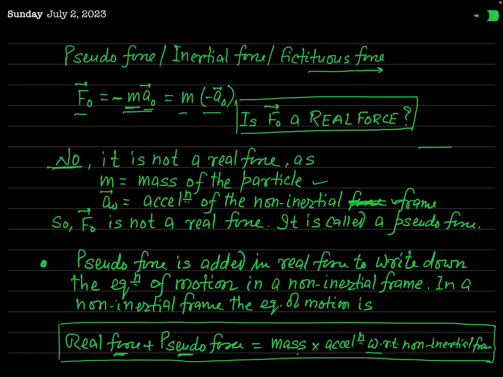If your frame is moving, let us say, in the positive x direction, and you have to apply a pseudo force on the particle, you must apply that force in the negative x direction. So the pseudo force is always in the opposite direction of the acceleration of the non-inertial frame. If a car is moving in the eastward direction and you have to apply a pseudo force on that car, then the pseudo force will be in the westward direction.